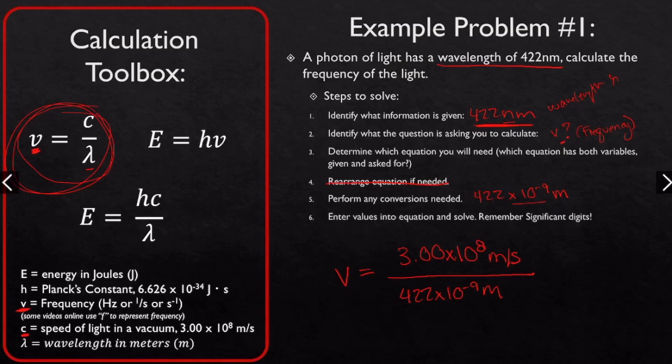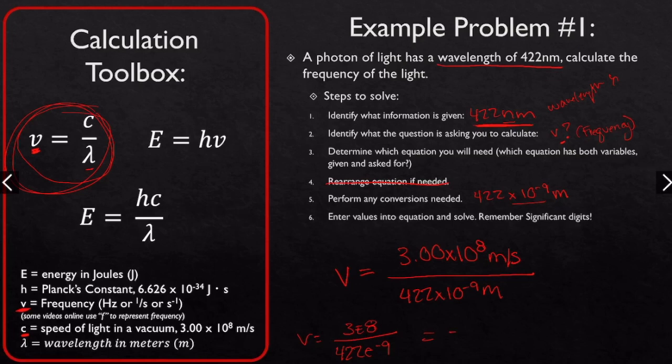So in your calculator, what you should type is 3 and then the little E button. It looks like it says double E on your calculator. It's EE, but it only puts one E on the screen. And then 8. And then you're going to divide that by 422 E negative 9. So this is what it should look like in your calculator right here. All right, then you hit enter.